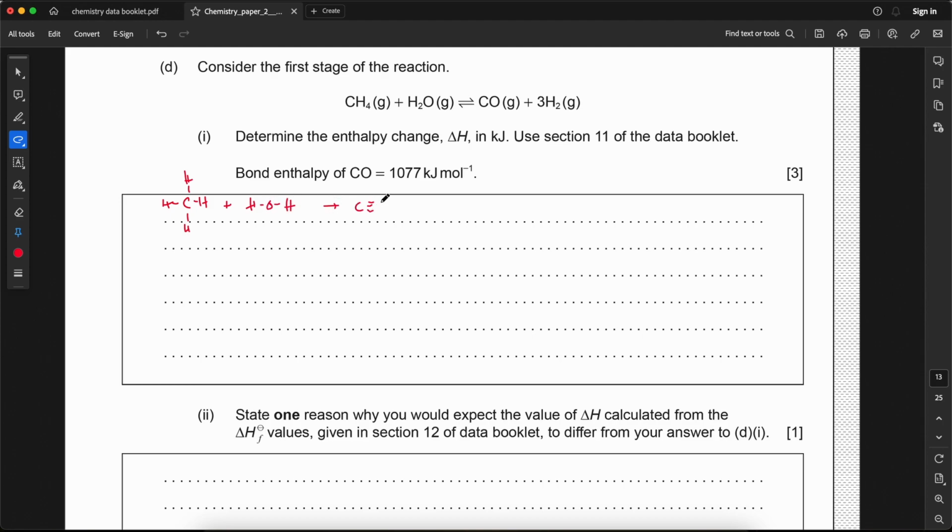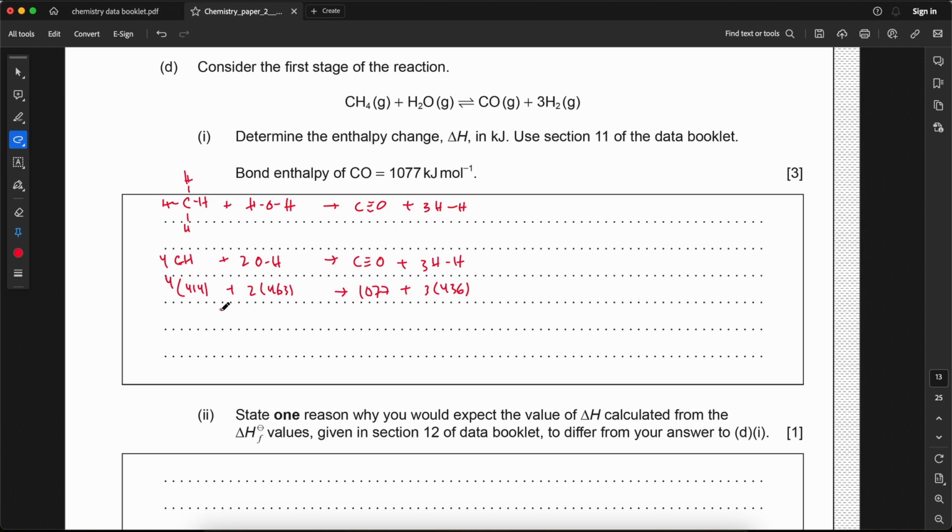CH4 plus H2O gives CO plus 3H2. So you have 4 C-H plus 2 O-H, C triple bond O plus 3 H-H. So that would be 4 times 414 plus 2 times 430 becomes 1077 plus 3 times 436.